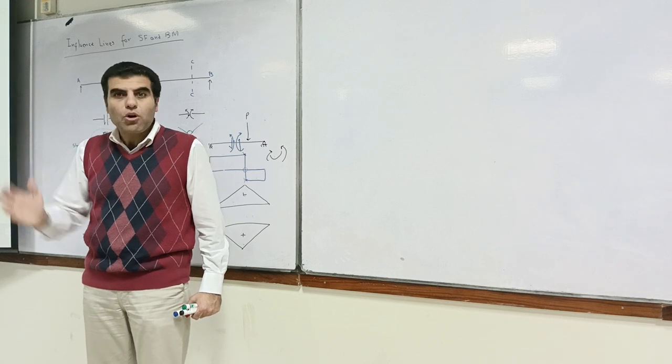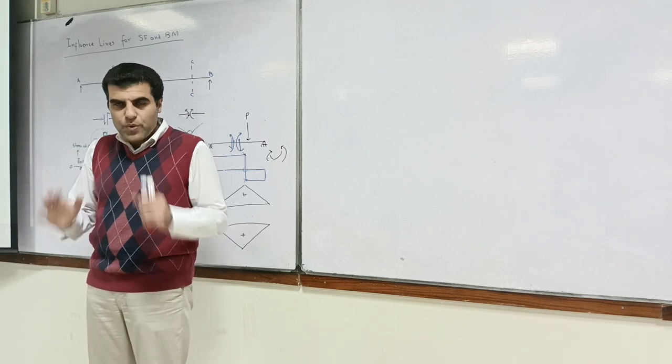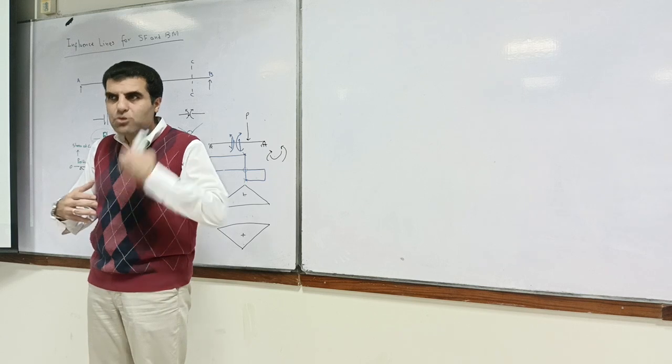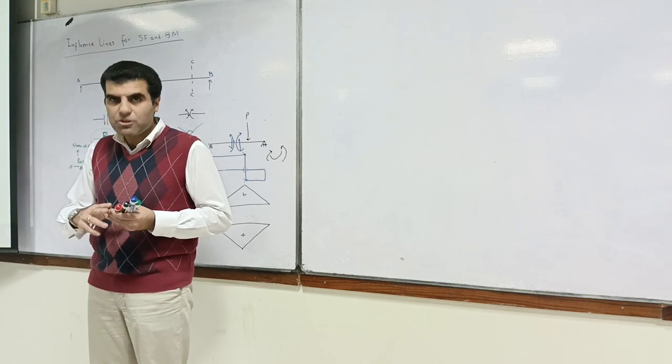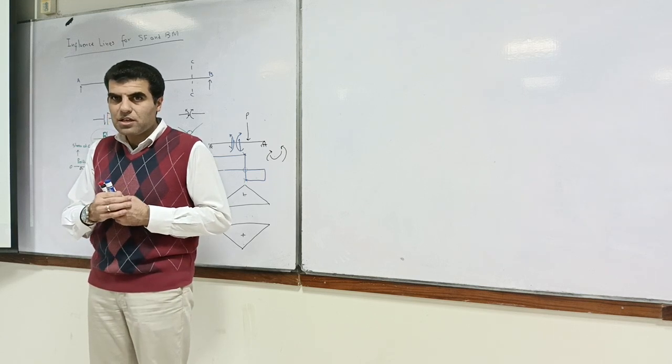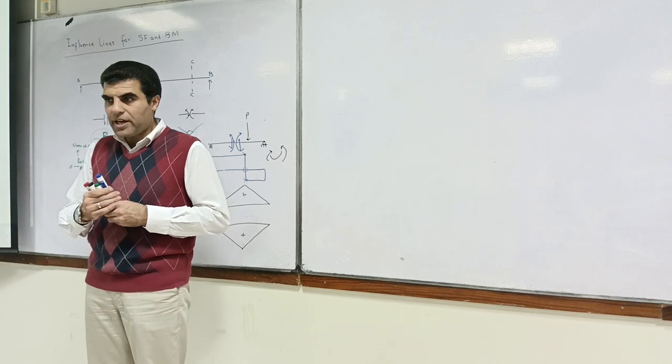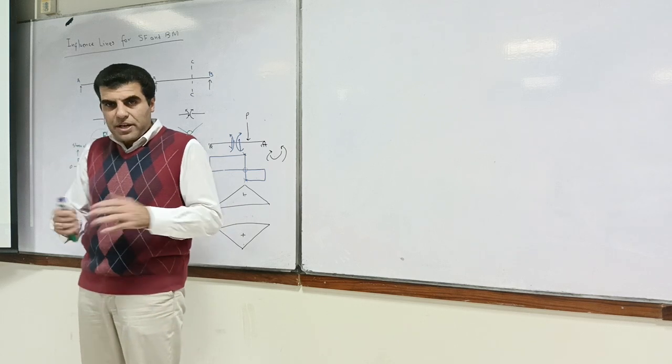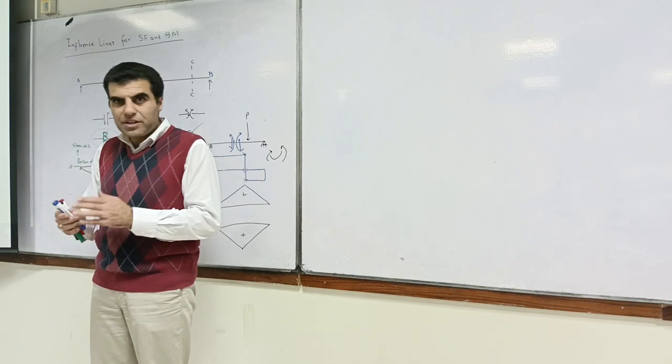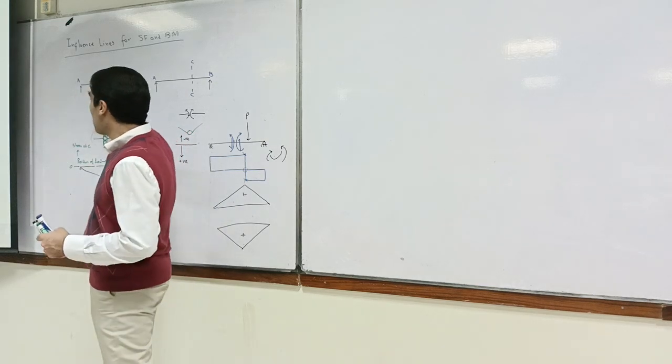In the other class we will discuss how to find out the absolute maximum of a particular shear or a particular moment, I mean along the whole beam when your load is running along the whole beam.